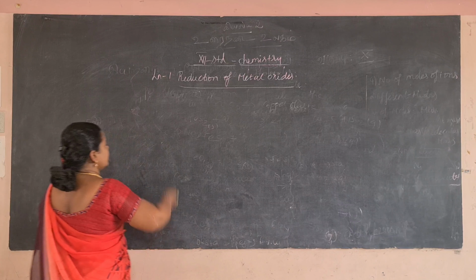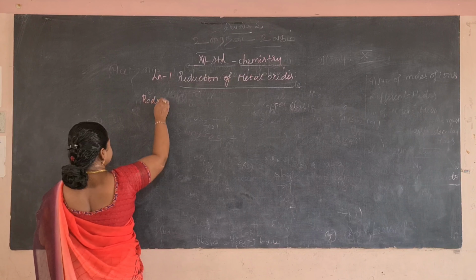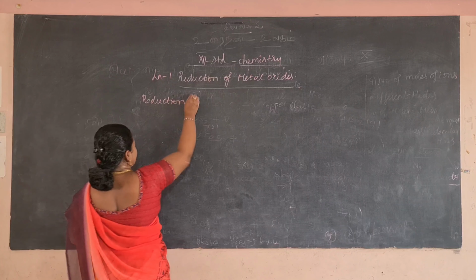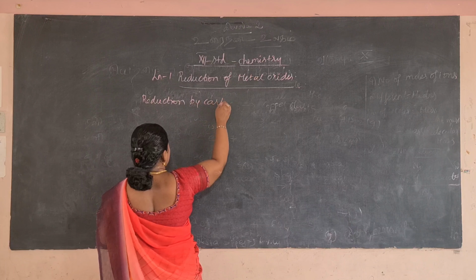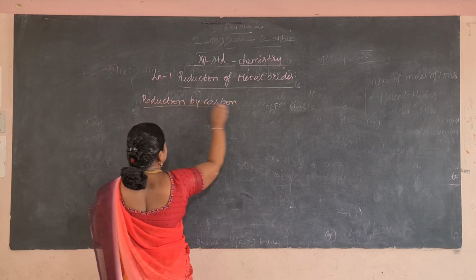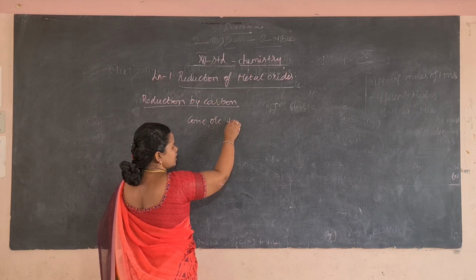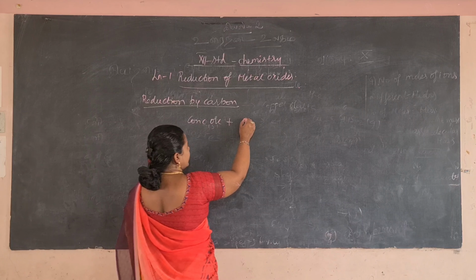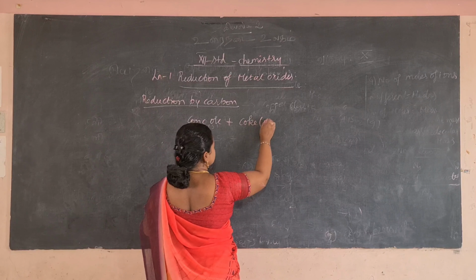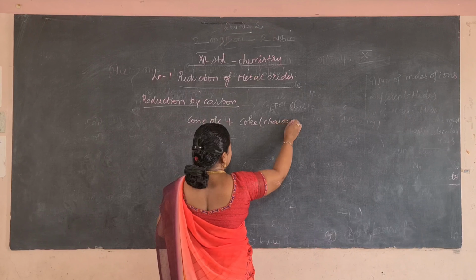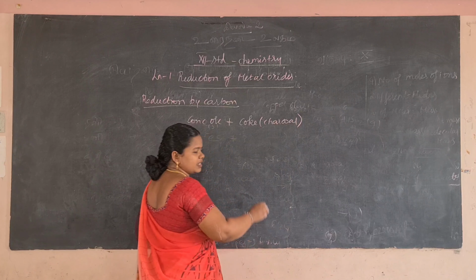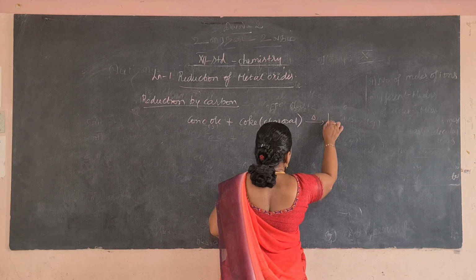So next will be reduction by carbon. Here the concentrated ore is mixed with what? Carbon or coke or charcoal. Its formula is C, and it is heated in a blast furnace.